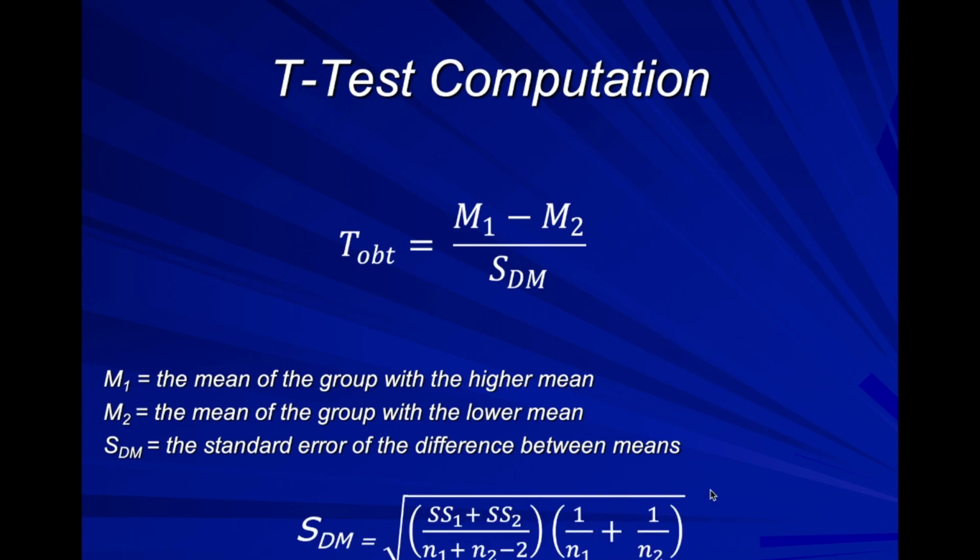And here we go into this. You'll see here that the equation has a number of things in it that you need to know about. First, you have SS1 and SS2. SS is sum of squares. And if you recall from a couple weeks ago, you calculated the standard deviation based on the deviation method, where you took the deviation score, subtracted it from the mean, and then squared the deviation score.